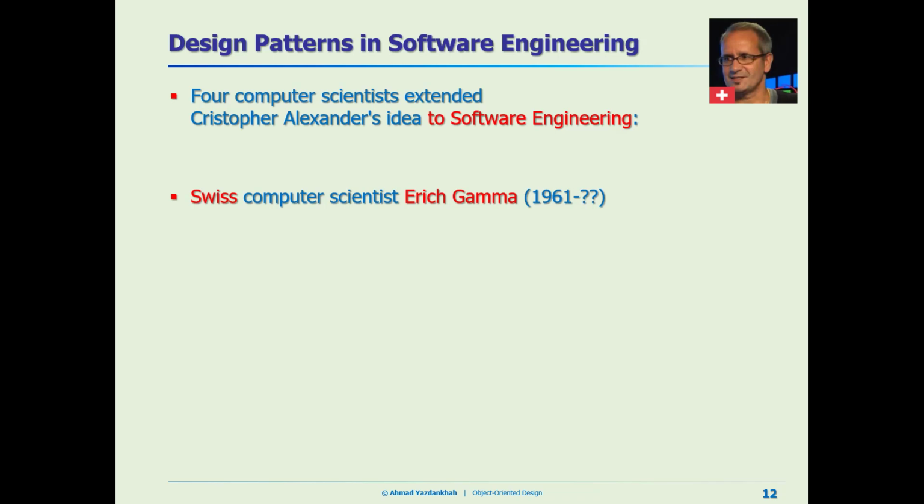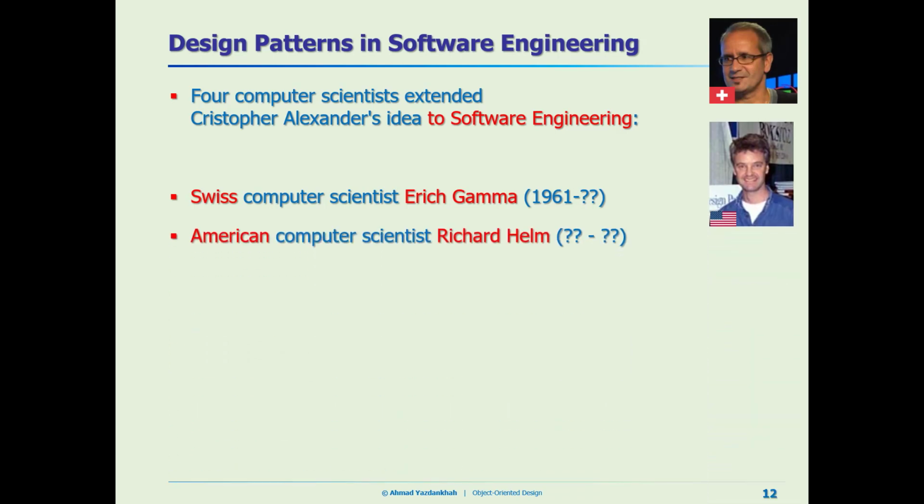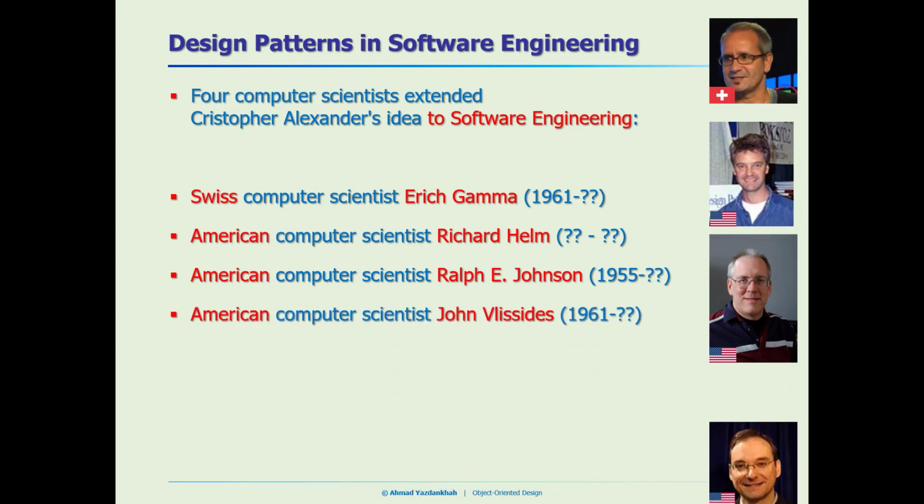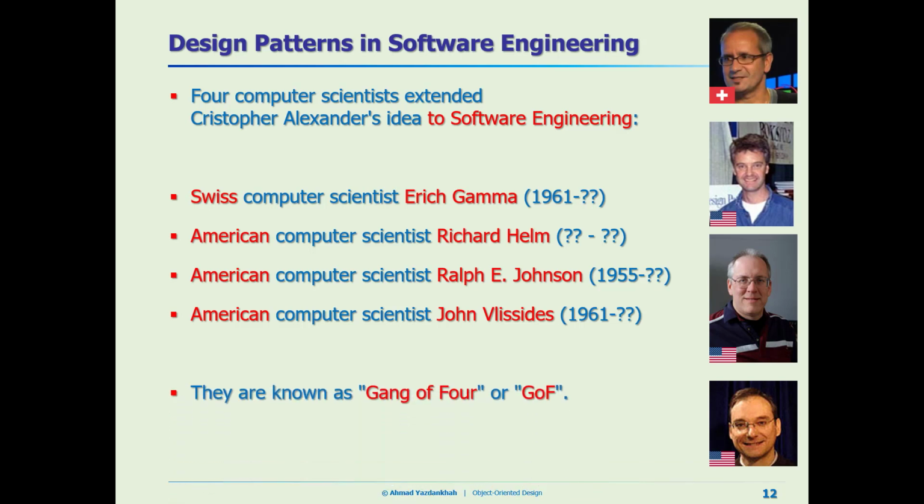These four people are the Swiss computer scientist Erich Gamma, I hope that I can pronounce their names correctly, the American computer scientist Richard Helm and Ralph Johnson, again American, and John Vlissides. These people are famous as the Gang of Four, or GoF.